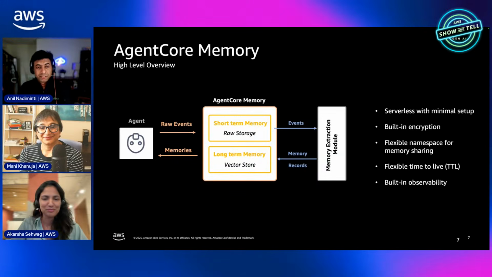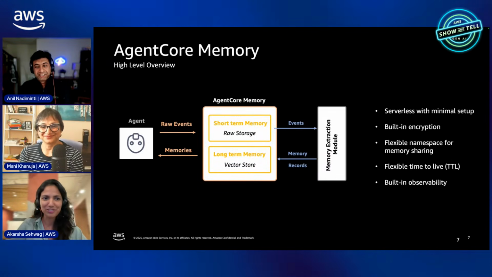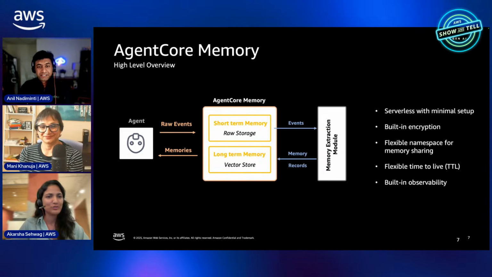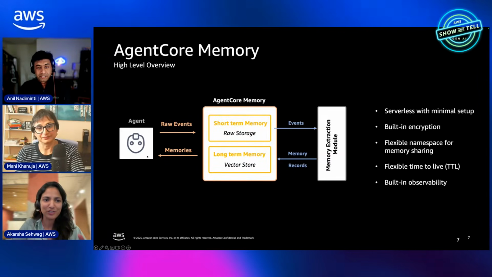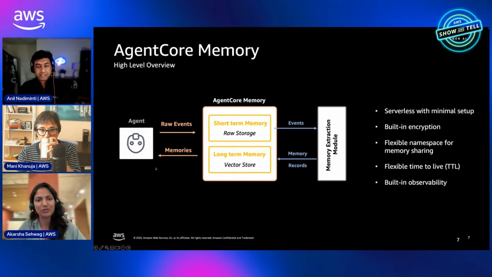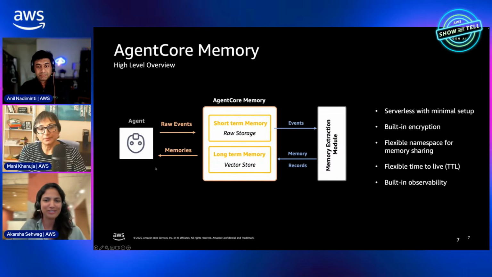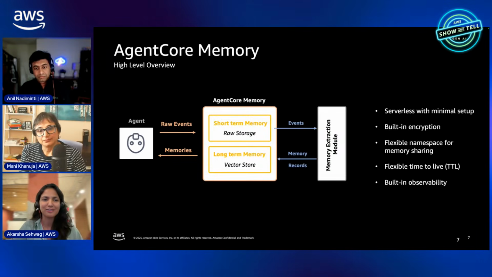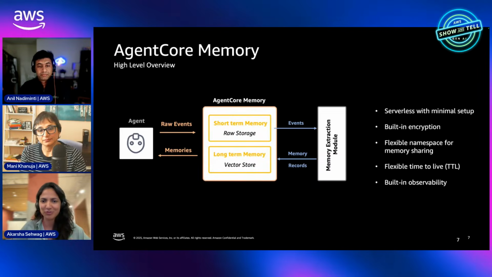Excellent. Perfect. I think maybe this would make it a bit more structural. As Mani was already talking about, we have short term acting as the raw storage. It's capturing everything that is happening right now, the user interaction and the session attributes, and you can retrieve all of this instantly. So this is kind of real time.